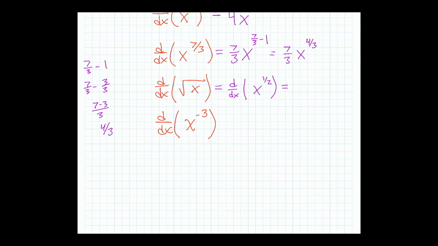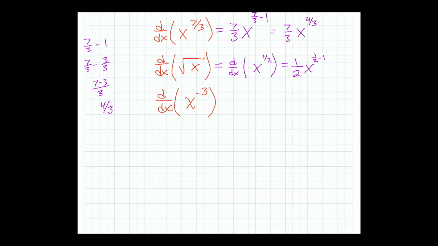Then you can apply the power rule: 1/2 x to the 1/2 minus 1, which is minus 1/2. I didn't really leave room here, but this is fine, by the way. It's written there, that's fine. But you could do one more line of work, and you could write it this way, using properties of exponents and so on.